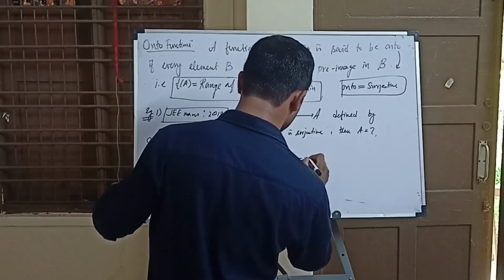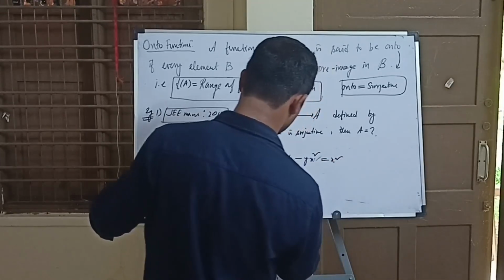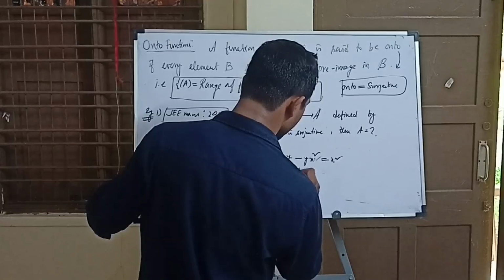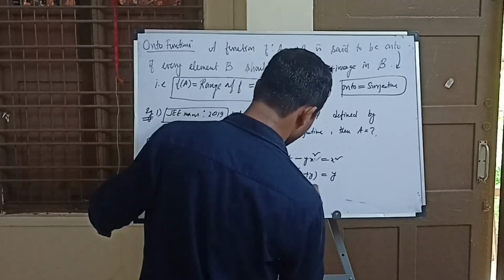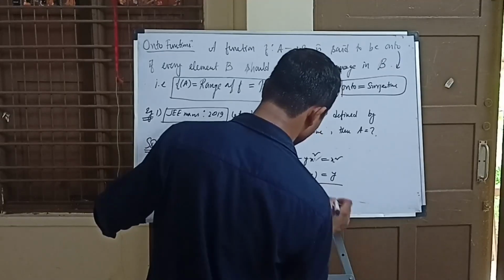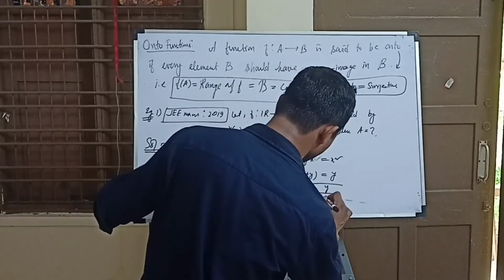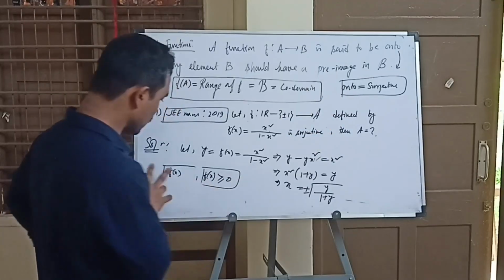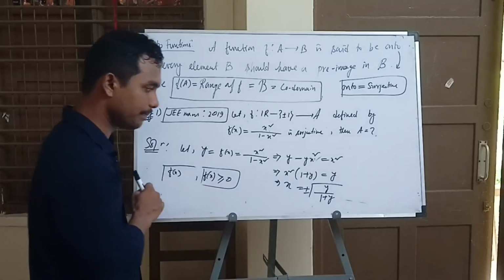So y minus y x square equal to x square. X square equal to y over 1 plus y. X equal to plus minus root over y over 1 plus y. This function is valid only if it is greater than or equal to 0.